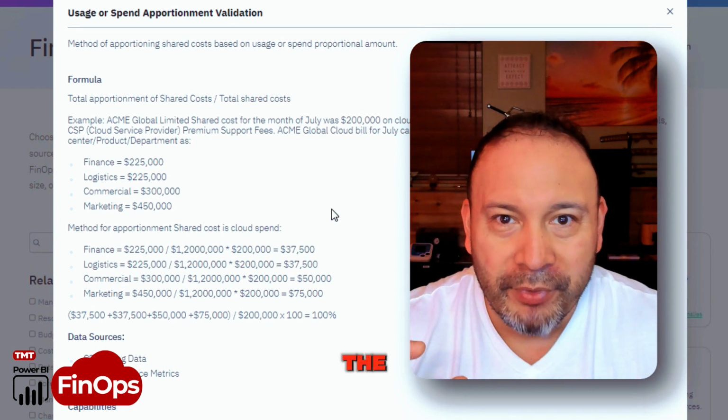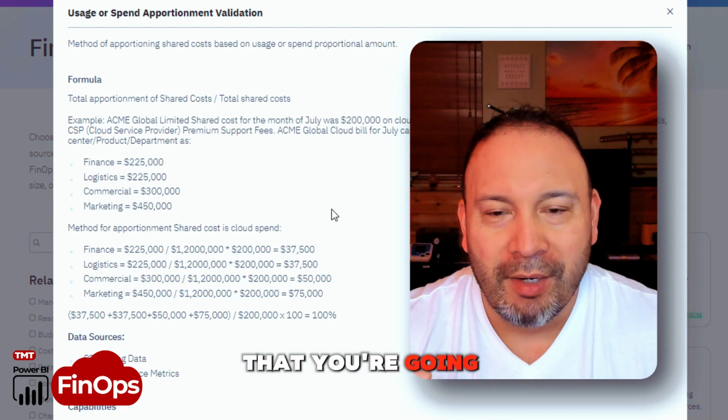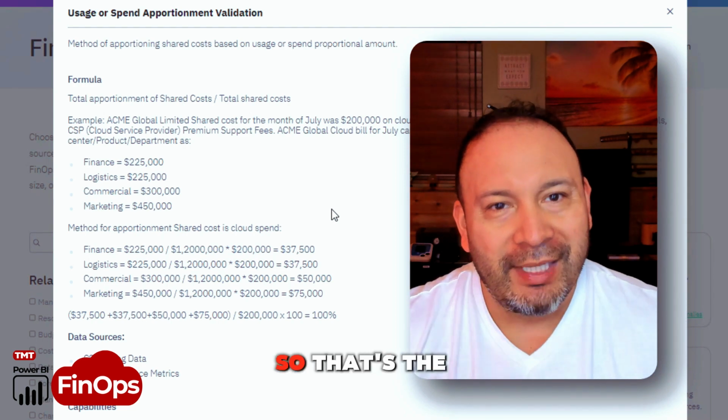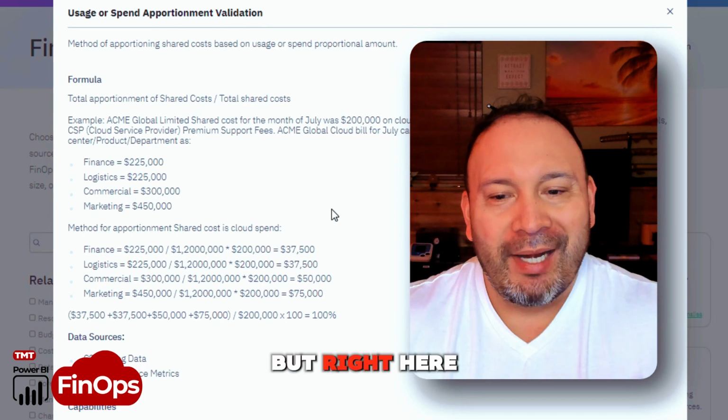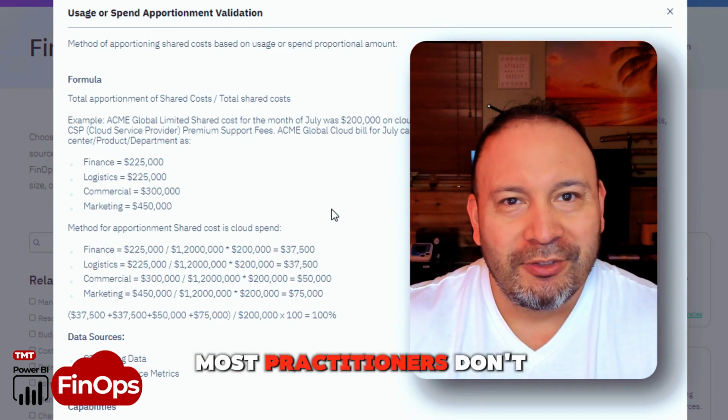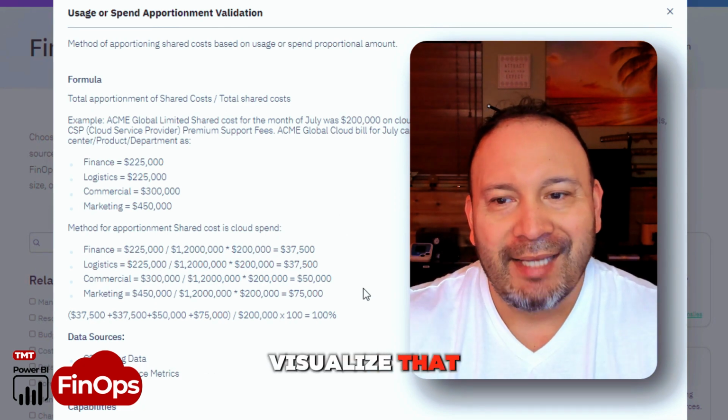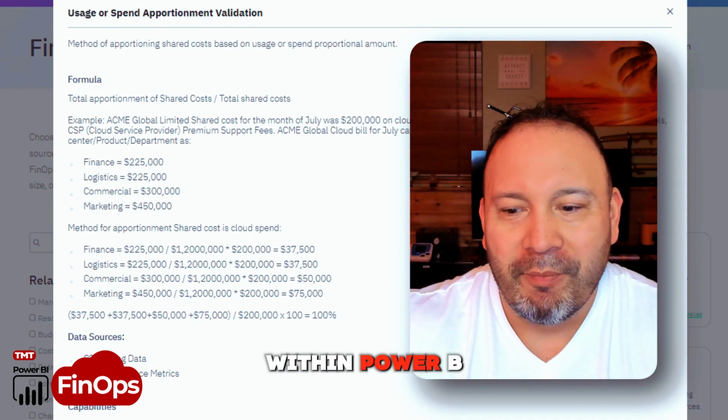That gives the proportion that you're going to apply to the department. So that's the formula. But most practitioners don't know how to visualize that, and I'm going to show you how to do it within Power BI.